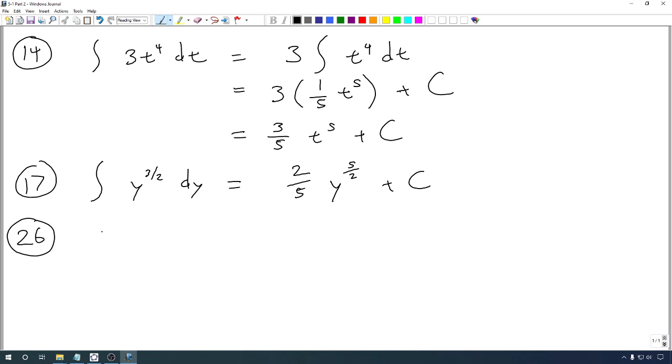Move on to problem 26. Here we have the integral of 5 minus x dx, which is a fairly simple function, but it has two terms in it. Note that the book did put parentheses around the 5 minus x. We don't actually have to do that. I like to think of the integration sign and the dx as kind of being parentheses themselves.